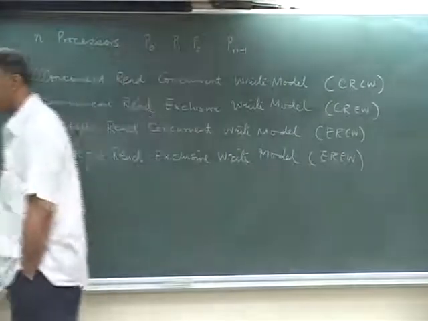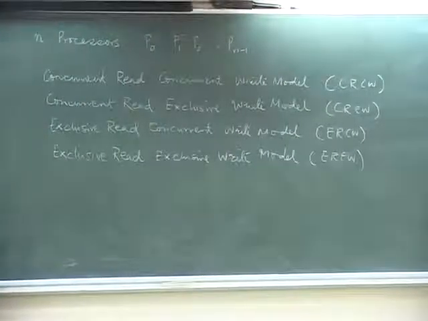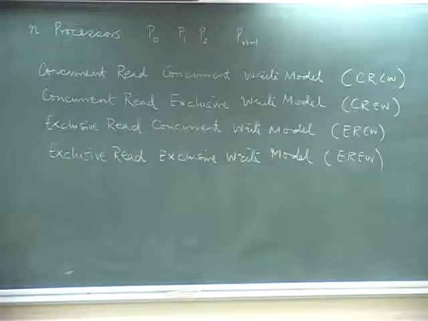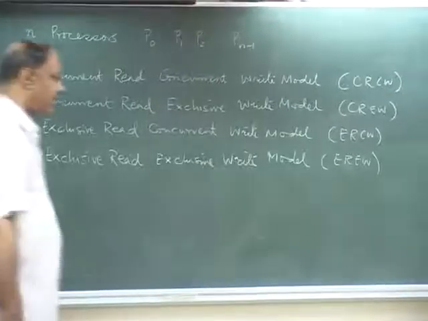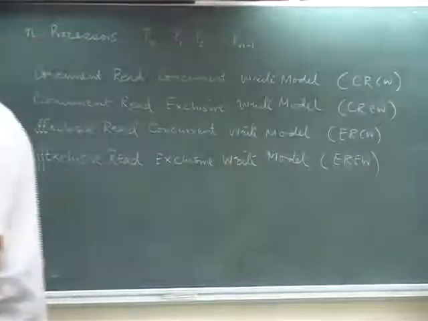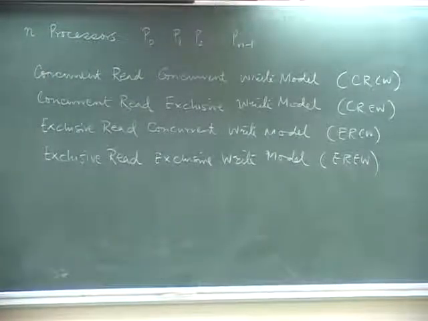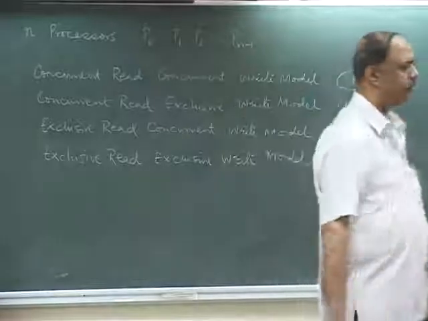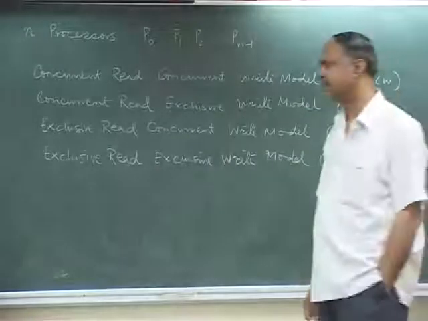Now, what do we mean by the concurrent read model? By concurrent read, we mean that two or more processors are allowed to read a particular memory location simultaneously. By exclusive read, I mean that no two processors are allowed to read a particular memory location simultaneously.